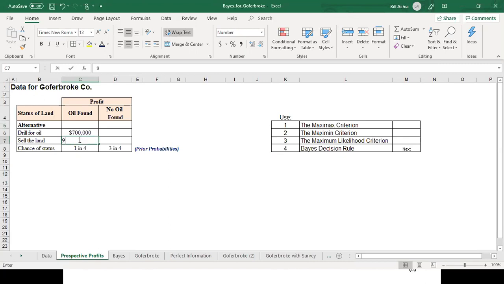In that case, the total amount that they would expect to earn would be the sale price for that piece of land. The same applies to a situation where they sold it and the buyers find no oil. This oil company would still have a net revenue of 90,000.